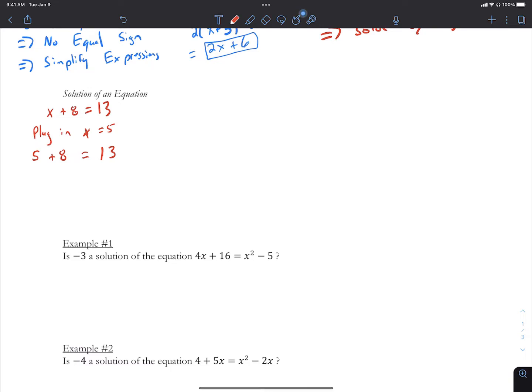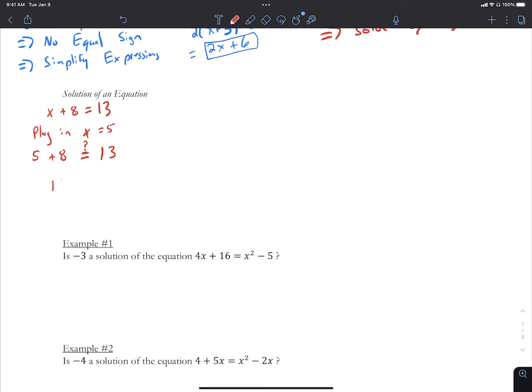And so what I'm doing is I don't actually know if these two things are equal. I'm testing if they're equal. So the common notation is to put a question mark above the equal sign, meaning I'm not sure if they're actually equal. So 5 plus 8 is in fact 13.